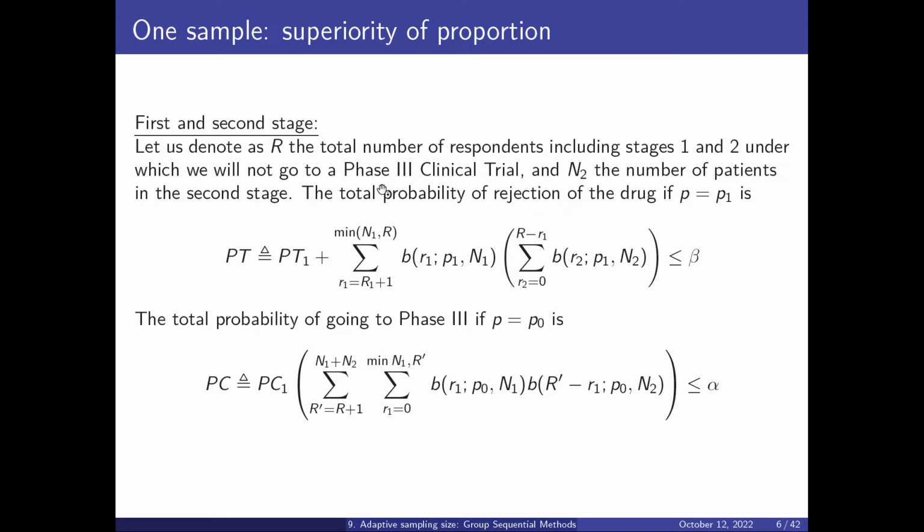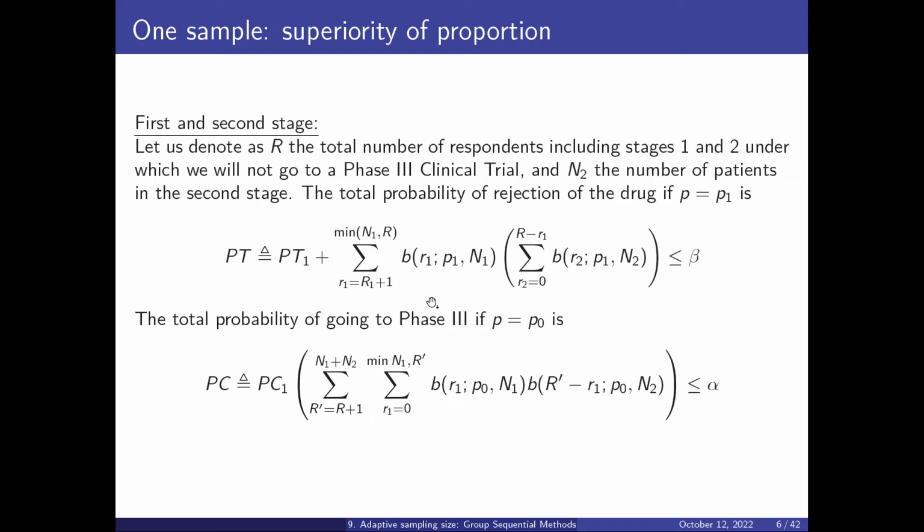So the total probability of rejection of the drug if the drug is useful is this one. So the probability of termination in stage 1 plus the probability of termination in stage 2, that is calculated in this way. And this has to be smaller than the statistical power.